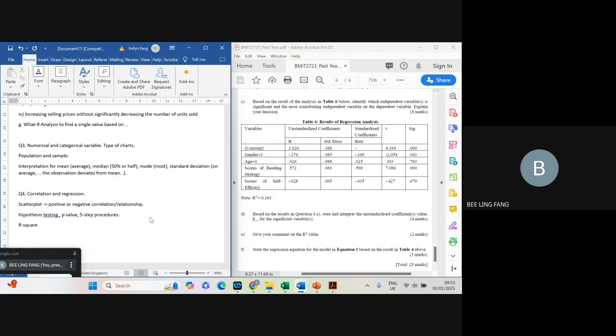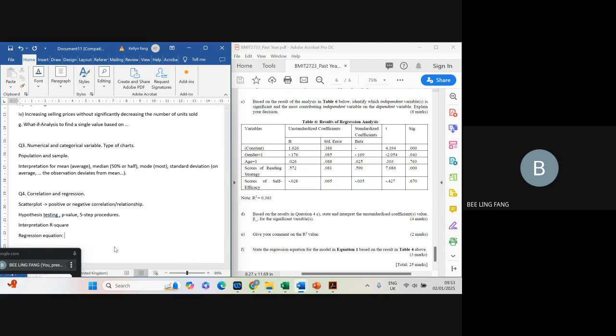Then you have the R square. I think for R square, I'll show you the interpretation: how many percent of the variation in Y is explained by the X. And also you must be able to write the regression equation. This is important, regression equation. Constant plus this times gender.